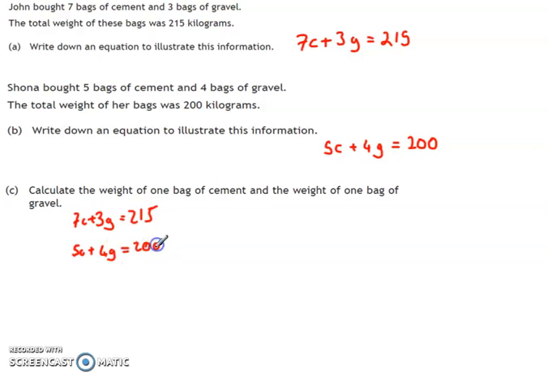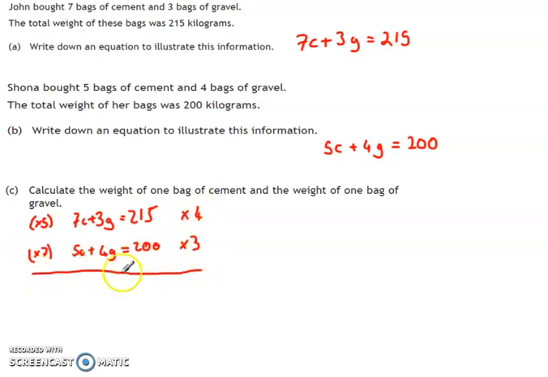And now I solve for one of the variables. Now it doesn't matter which of the ones you solve for. Look for which one would be the easiest. So in this one, I would probably pick the G, because to do that, I'd have to multiply the top by 4, multiply the second equation by 3, and I'd have the same coefficient in front of G, and I could solve it that way. If I chose to get rid of the C, I'd multiply the top by 5 and the bottom by 7, eliminating the C variable because they both have the same coefficient, and then work it through.